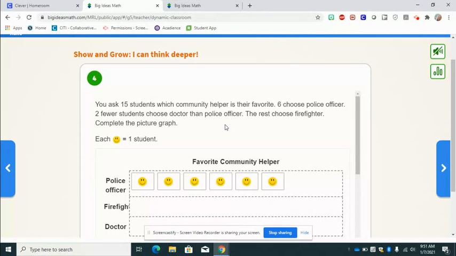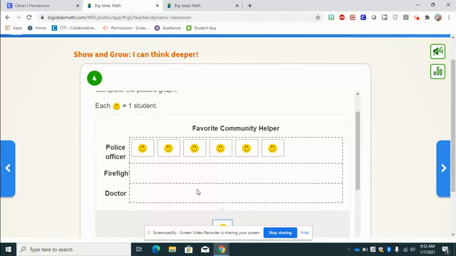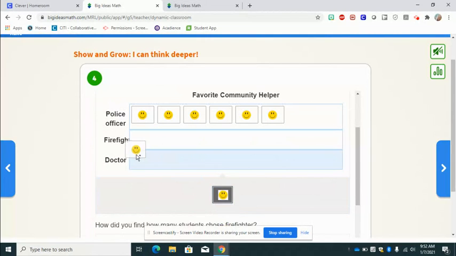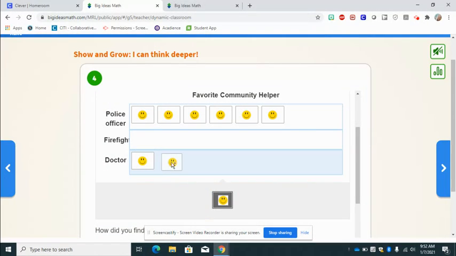So we're going to subtract 6 minus 2 to tell us how many choose doctor, because it was 2 fewer than police officers. So if we were to take away 2 of these smiley faces, that would leave us with 4 smiley faces. So 4 students choose doctor. 1, 2, 3, 4.